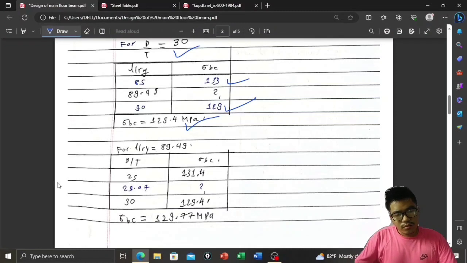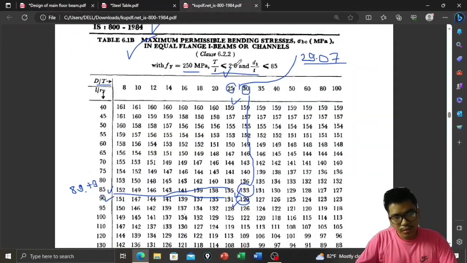Now here we have taken first 29 and then 30. So this 29.07 will be in the middle of 25 and 30.